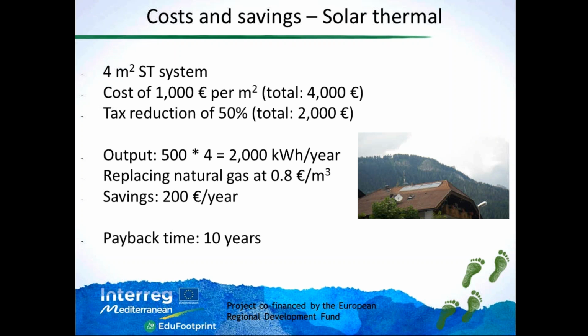Of course, in case you are replacing, for instance, electricity because you are producing heat through an electric boiler, or as in the case I showed you, you're replacing LPG, for instance, then since these fuels are more expensive, you can expect higher savings and therefore lower payback times.